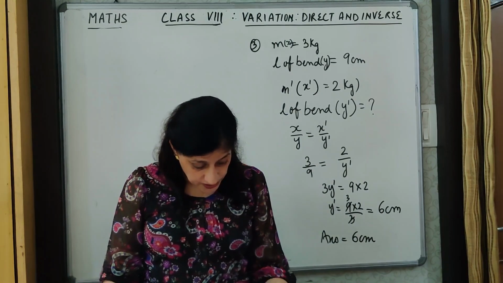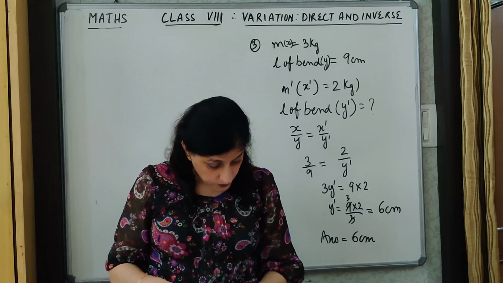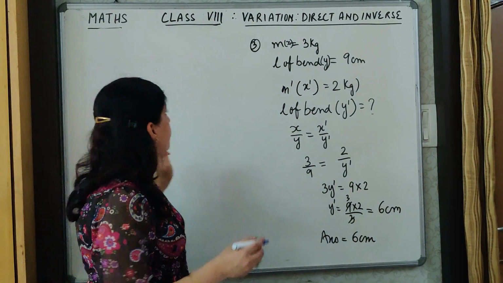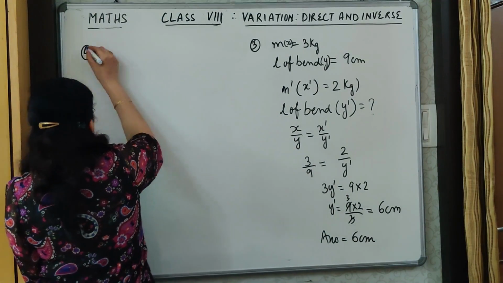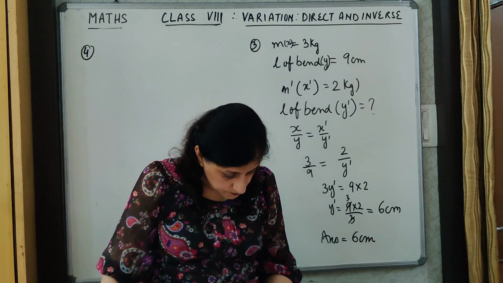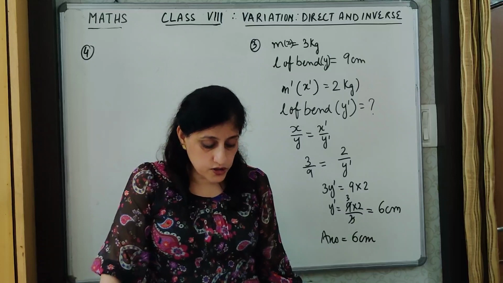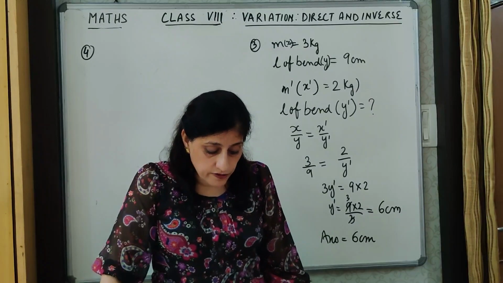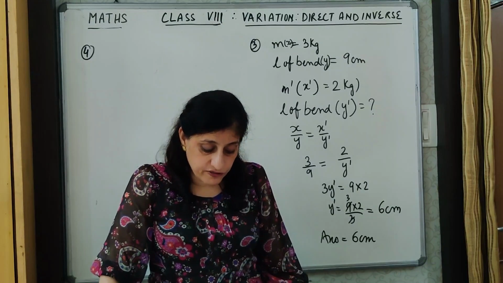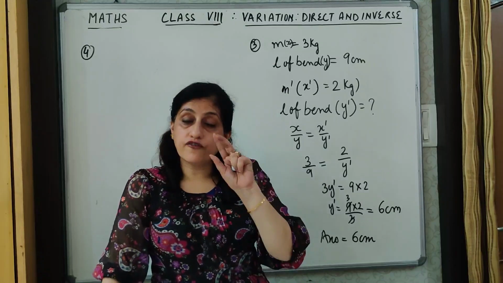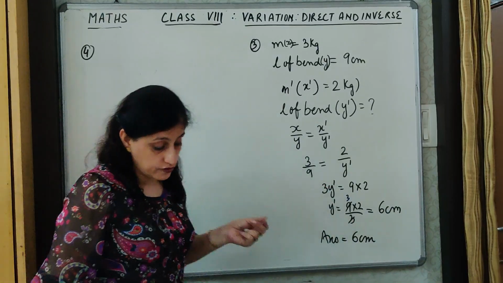Alright. So now I move on to the next question, this is the fourth question on the board, and the question is, at a party 8 bottles of soft drink are served for every batch of 5 children. For 5 children 8 bottles of soft drink are used.